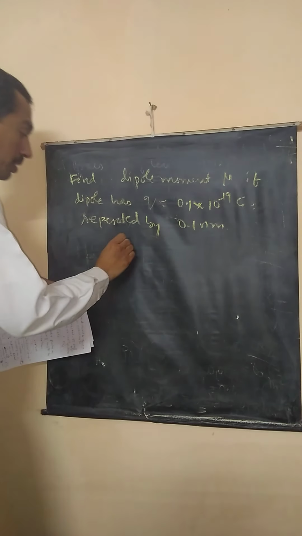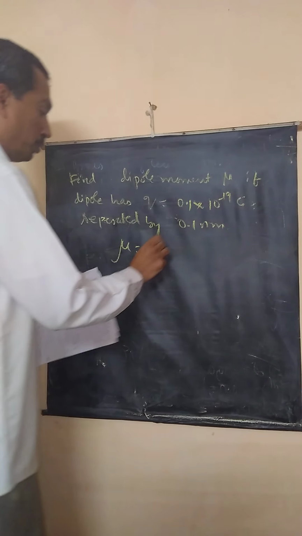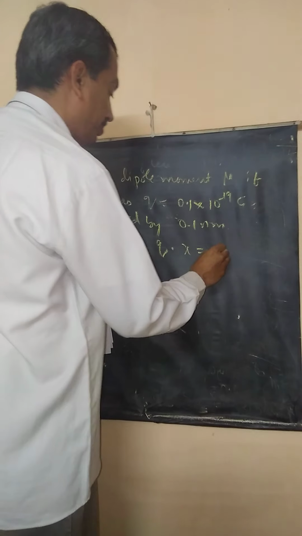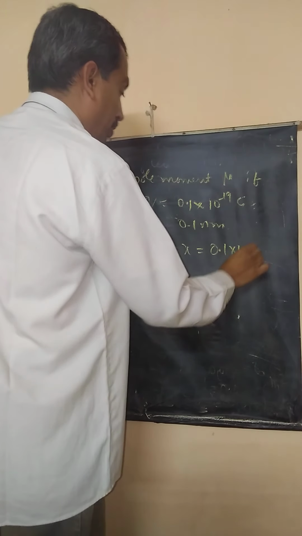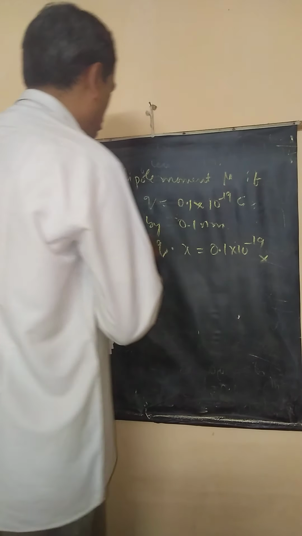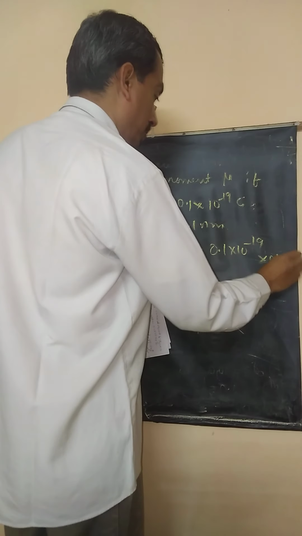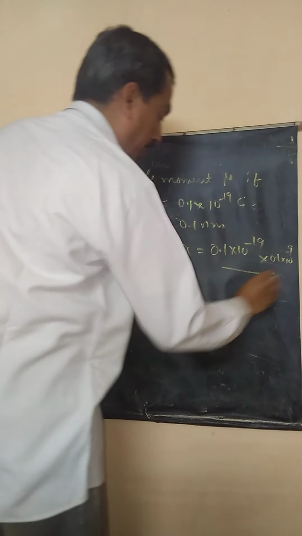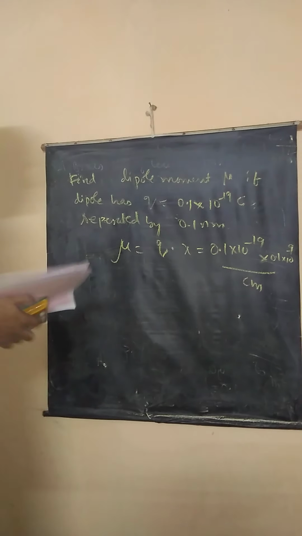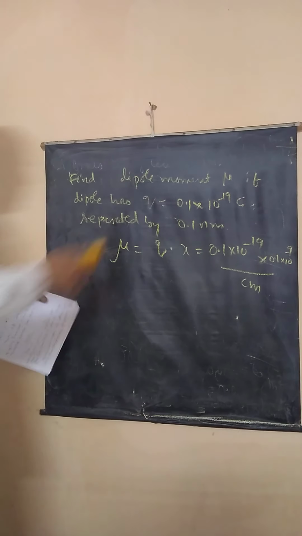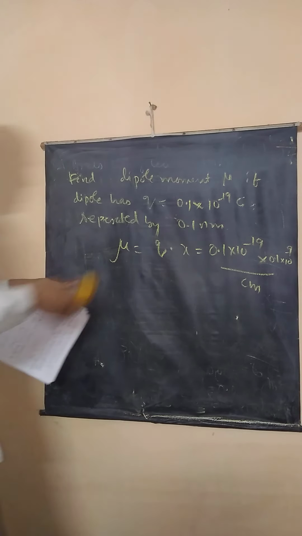Correct? Dipole moment mu is equal to charge into separation distance. 0.1 into 10 power minus 19 into x is 0.1 nanometer, 10 power minus 9. So many coulomb meter. Is it clear to you? So this is a very simple problem on dipole moment.